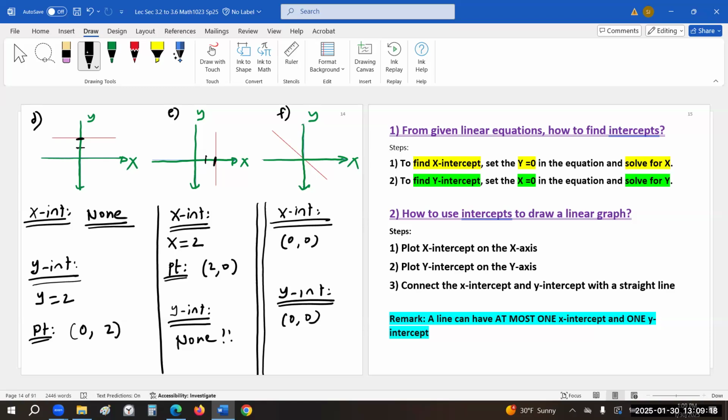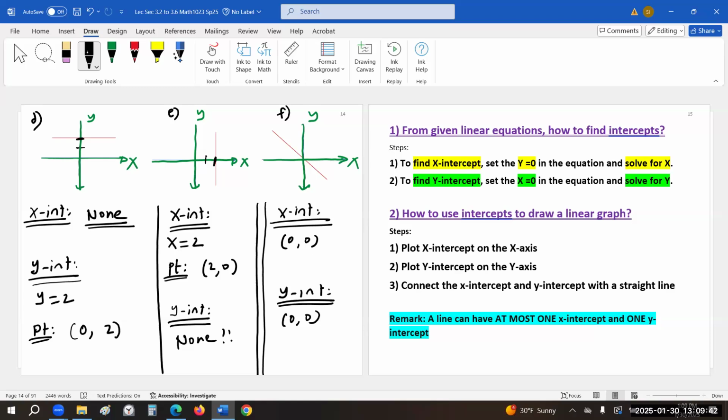To find the y-intercept, erase the x and solve for y. And to draw a line using the intercepts, you first find the x-intercept, plot it on the x-axis, find the y-intercept, plot it on the y-axis, and then connect them with a straight line. That's it.